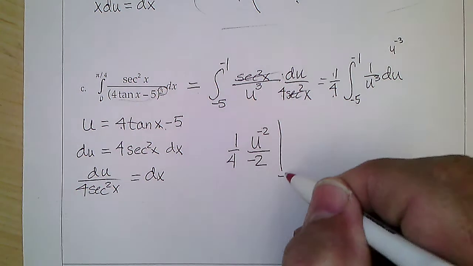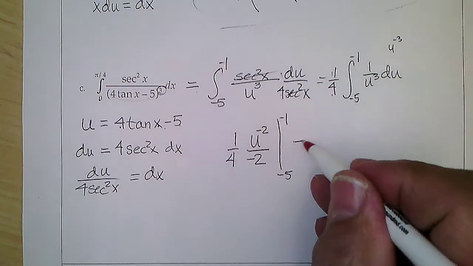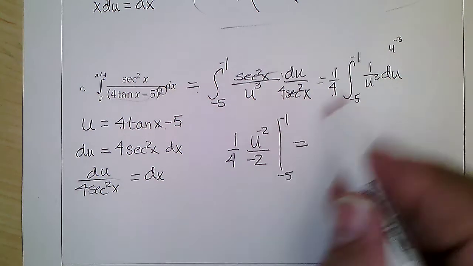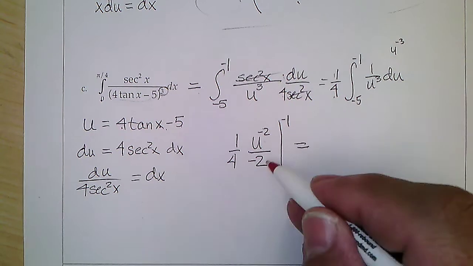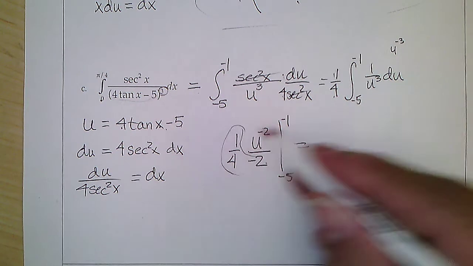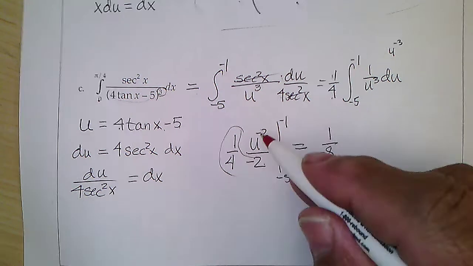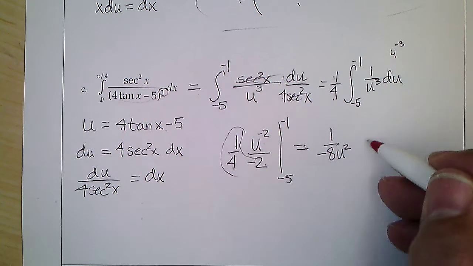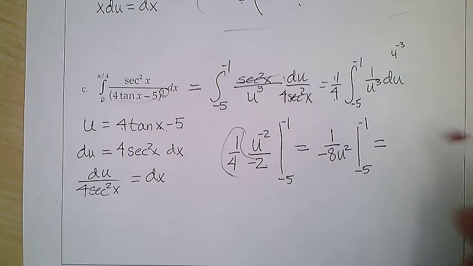evaluated from negative 5 to negative 1, which becomes, let's see, this u to the negative 2 means it's u squared in the denominator. This is 1/8 negative, and a u squared in the denominator, evaluated from negative 5 to negative 1.